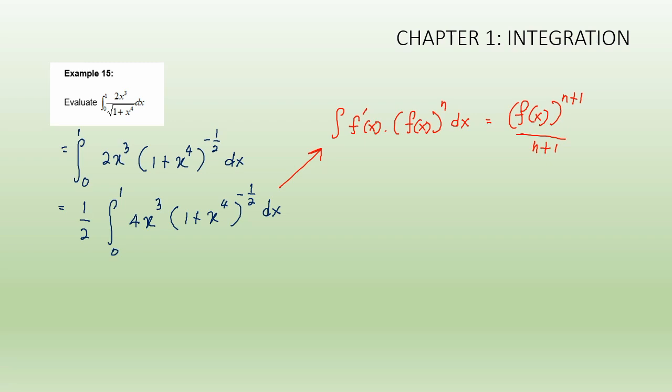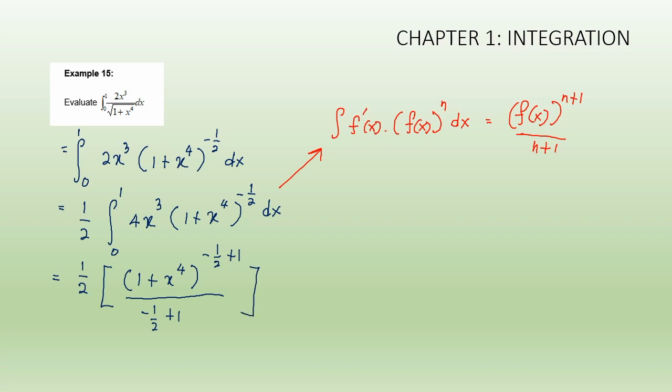As we identify the form, we can directly integrate this into 1 plus x power of 4, negative 1 over 2 plus 1, over negative 1 over 2 plus 1.